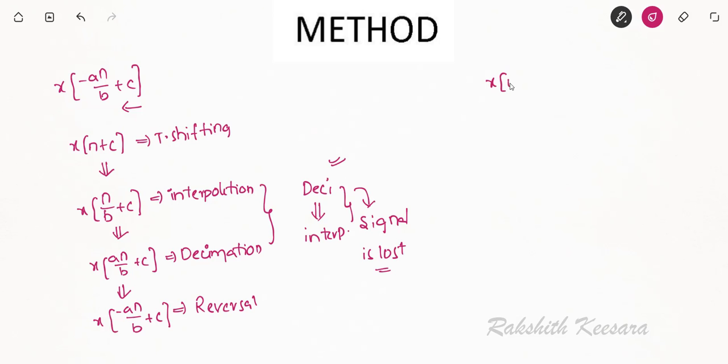Take a signal x of n, any signal you wish, and first perform interpolation, that is perform x of n by 4. After this perform decimation, that is do x of 4n by 4. Now the answer should be x of n.